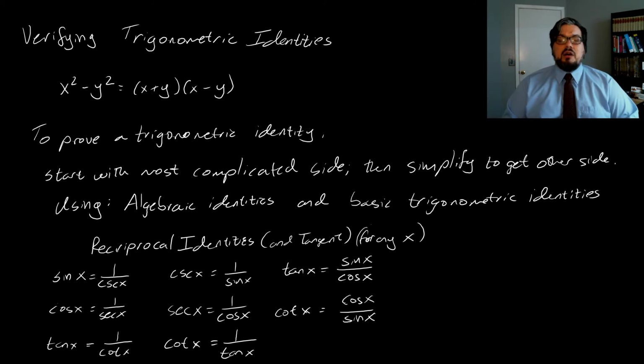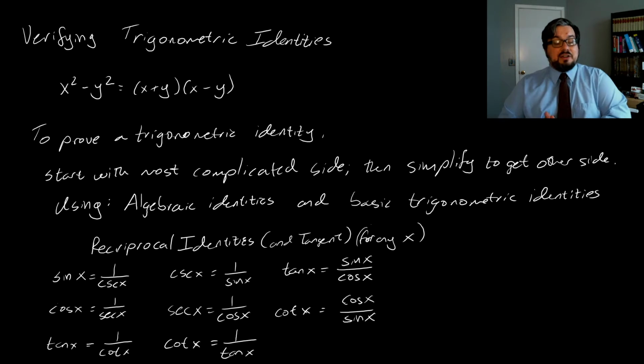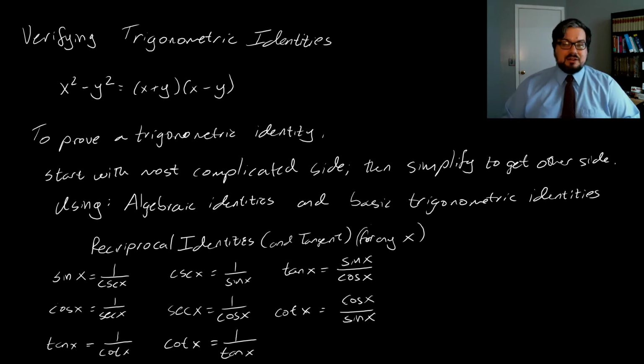So these are 8 identities we work with. They are pretty simple ones. They allow us to take any expression and always express it in terms of sine and cosine. Although we can also express everything in terms of tangent and secant, or cotangent and cosecant, we usually express things in terms of sine and cosine when we're going to use that strategy.